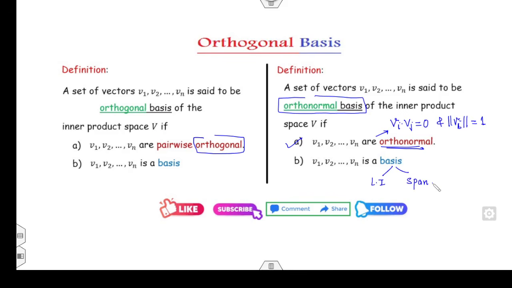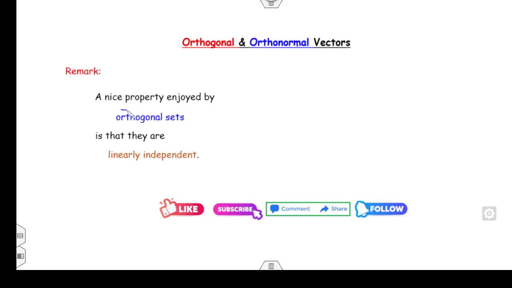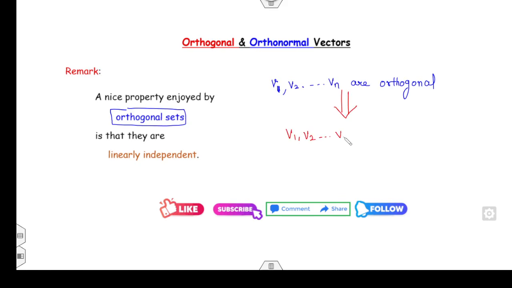One more interesting property is that if you prove that the set of vectors v1, v2, ..., vn is orthogonal, then it automatically implies that the vectors are linearly independent.